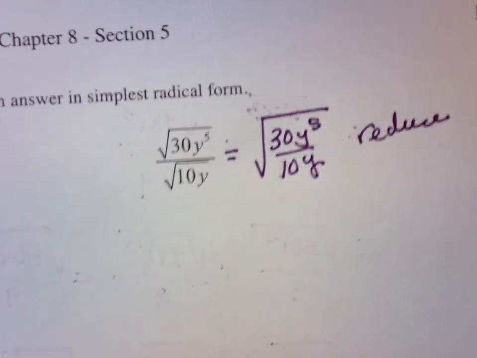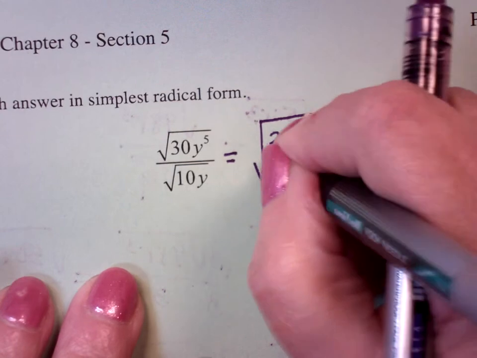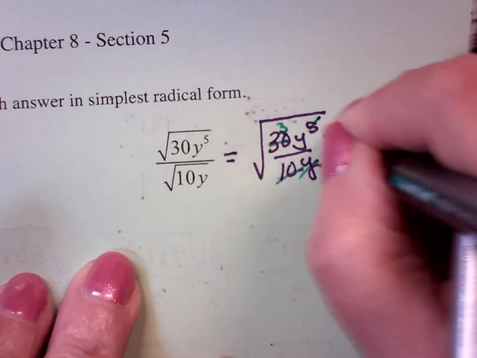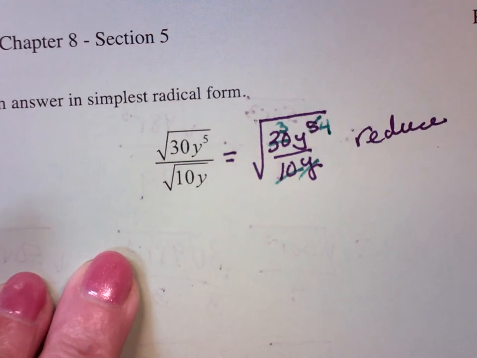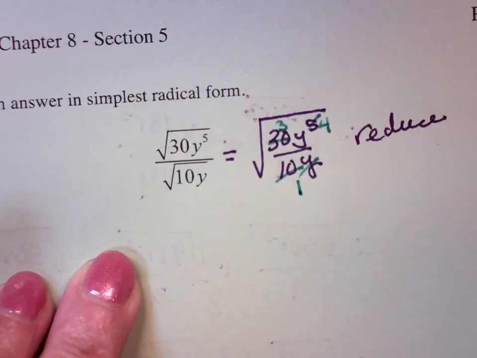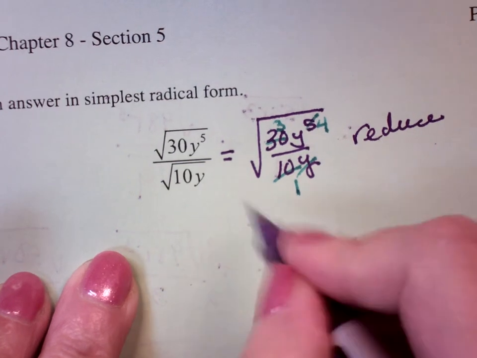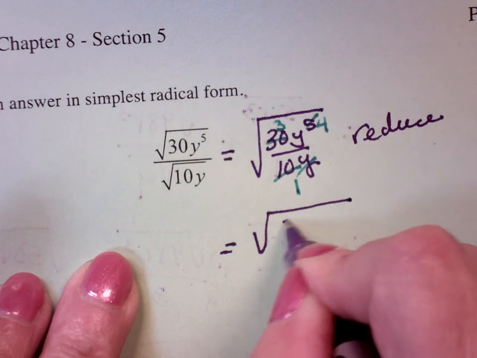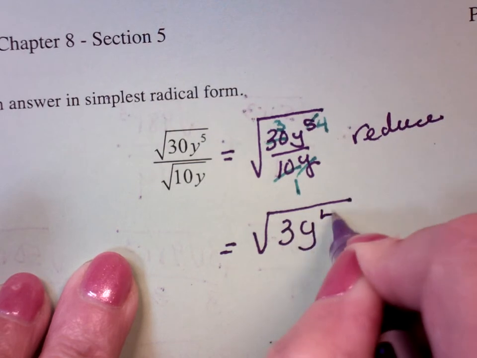And I notice that 10 goes into 30 3 times. y takes out one of those y's, gives me a y to the 4th. And the denominator is 1, so the denominator is completely gone. So I'm going to be left with the square root of 3y to the 4th.